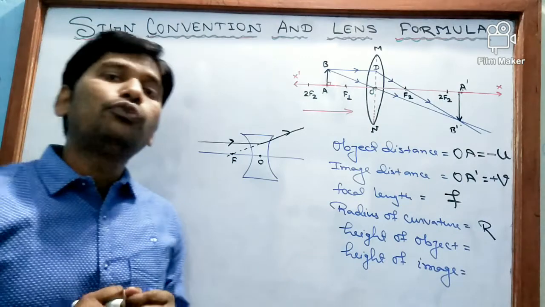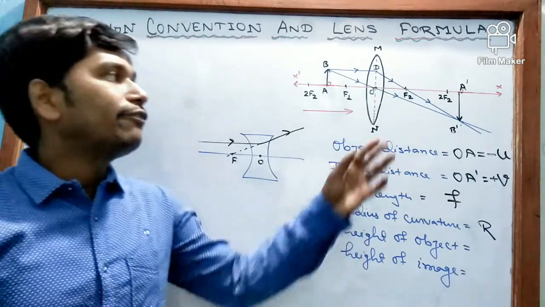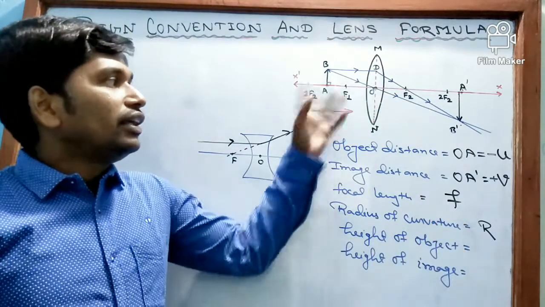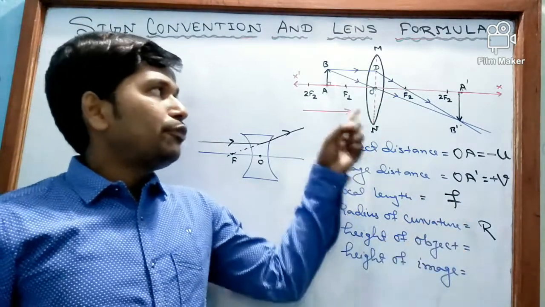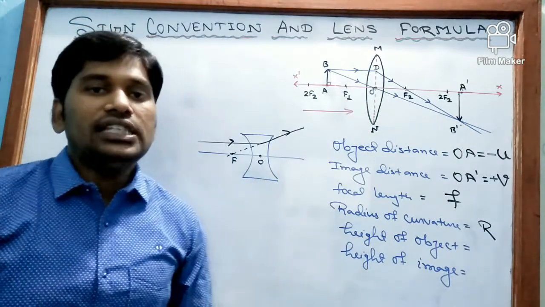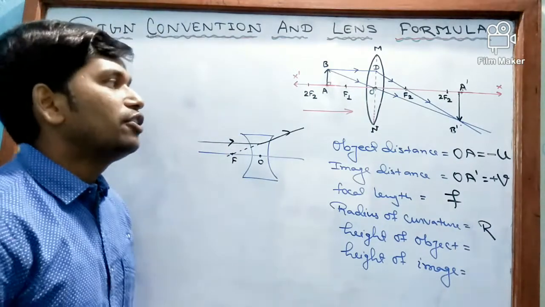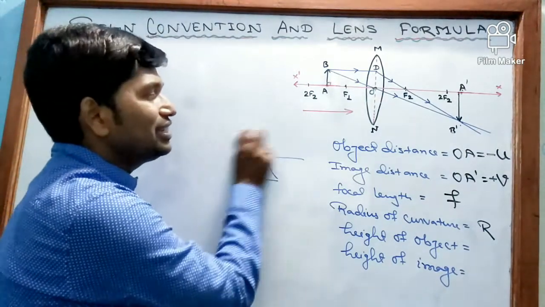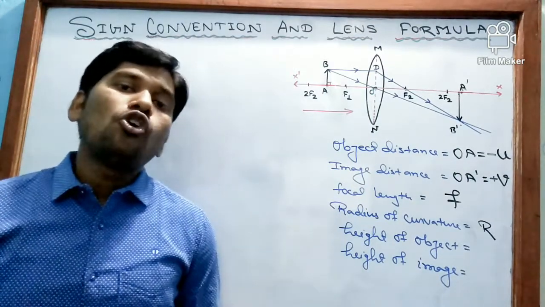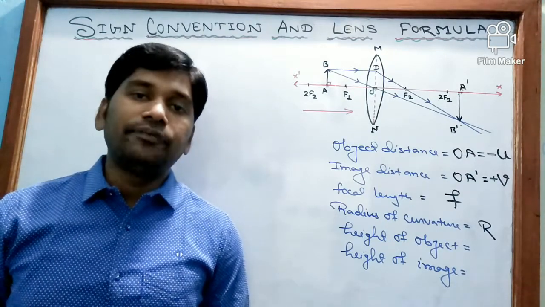So focal length for concave lens is negative, and for convex lens it is positive. Radius of curvature will be positive for convex and negative for concave. So this is the second rule, that all the distances measured in the direction of incident ray are taken as positive, and the distances measured opposite to the direction of incident ray are taken as negative.